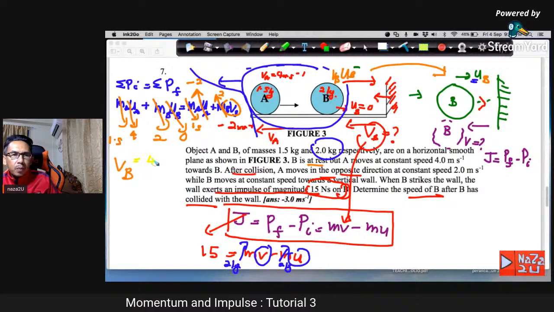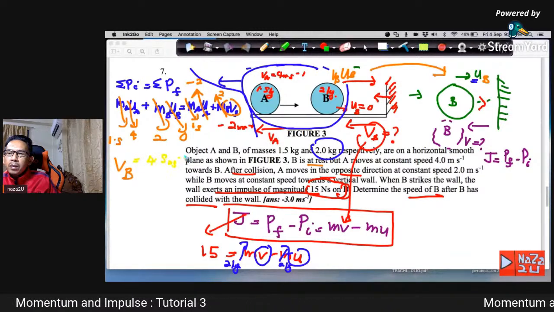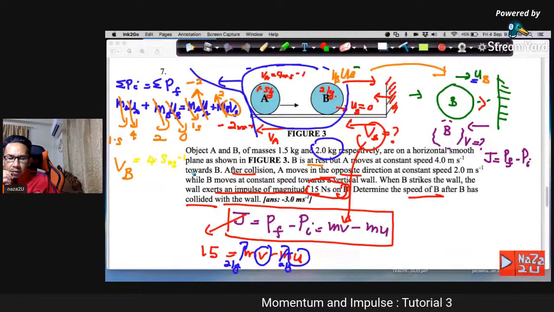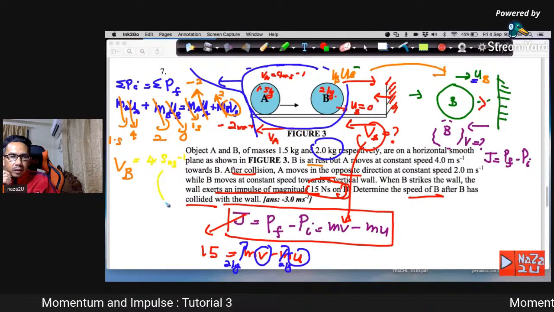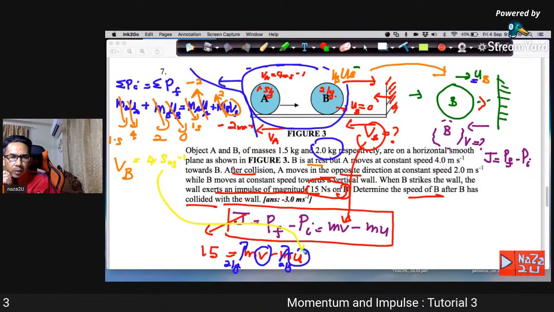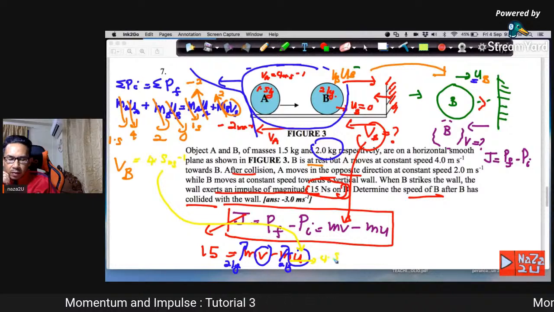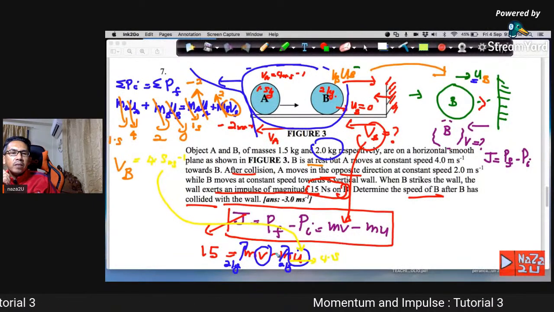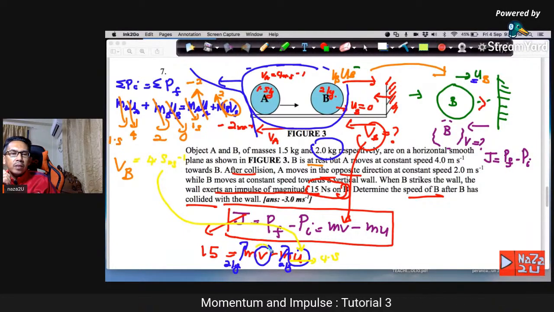VB is 4.5 meter per second, right? So you can use the value of VB here in the equation, U here is 4.5. So we have 4.5, and now you can find the value of V here.